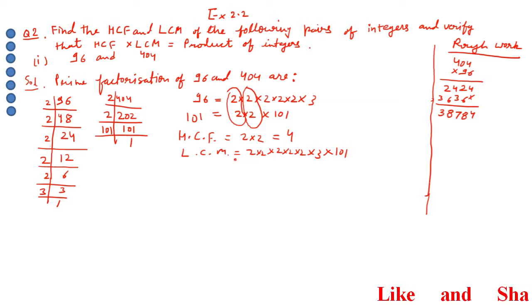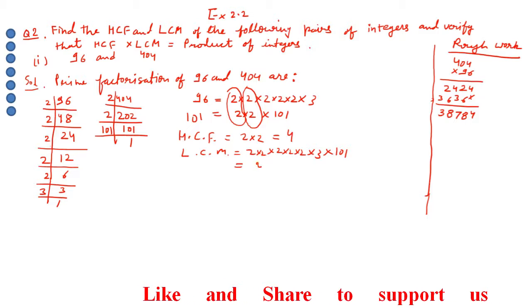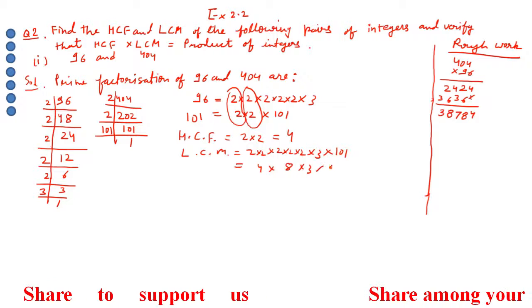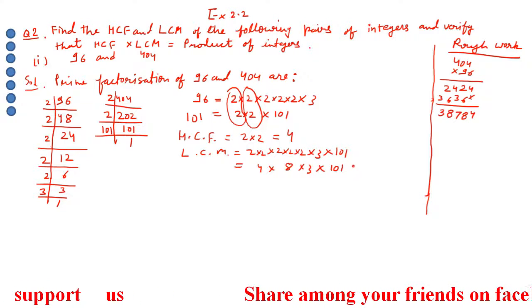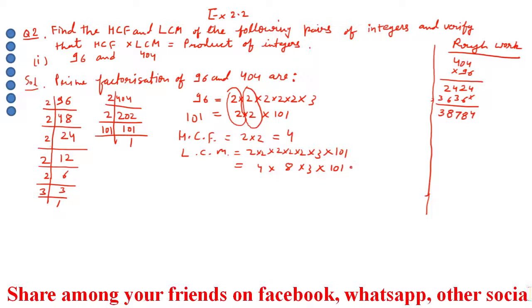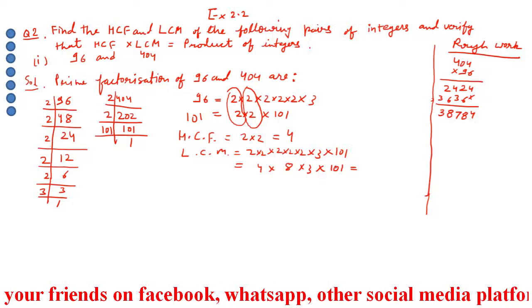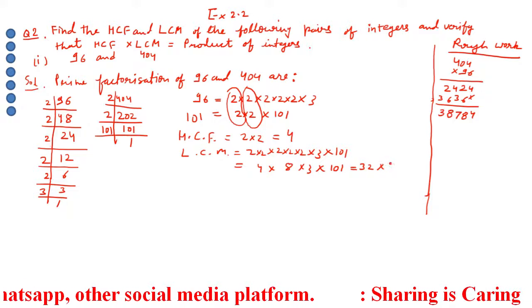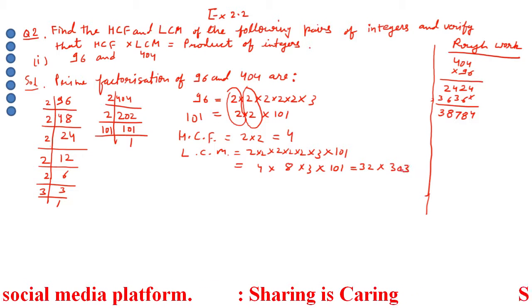Now when we multiply it, we will get 2 to the 4, then 2 into 2 into 2 is 8 and 3 multiplied by 101. Now when we multiply it, 4 8s are 32 and 101 multiplied by 3 is 303.